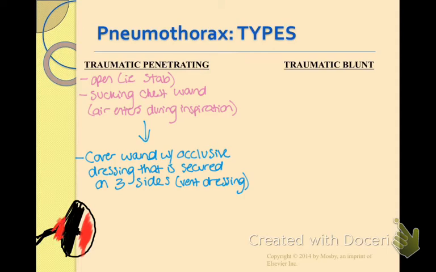But when they breathe out, we want that dressing to open up, to let air out. So it's really important that if we have any kind of traumatic, penetrating wound, that we cover it with that occlusive dressing that's secured on 3 sides, or a vent dressing, so that air cannot enter during inspiration, but we can blow the air out during expiration.